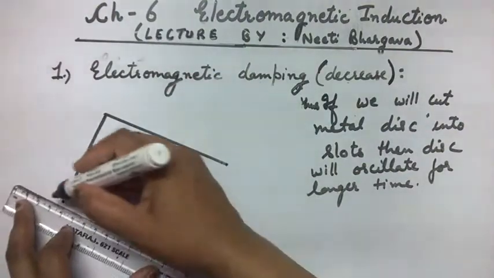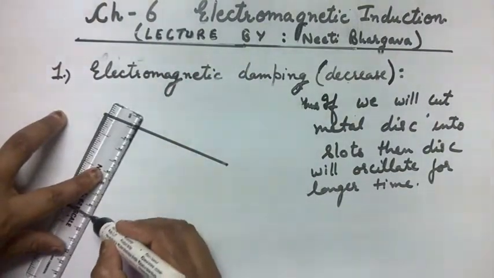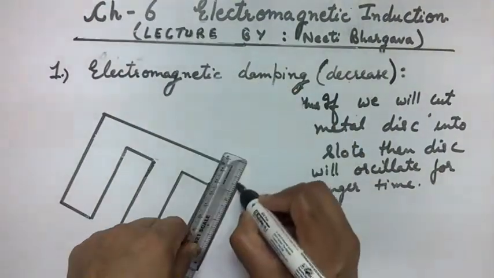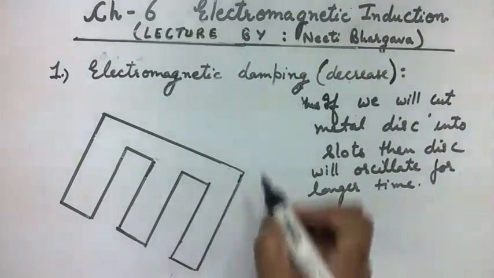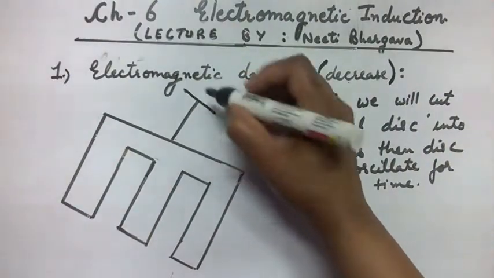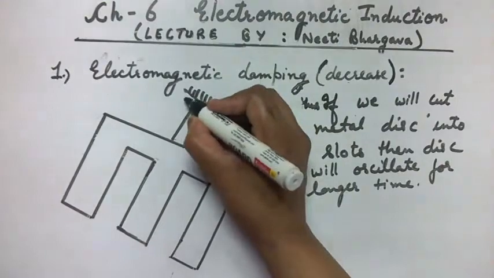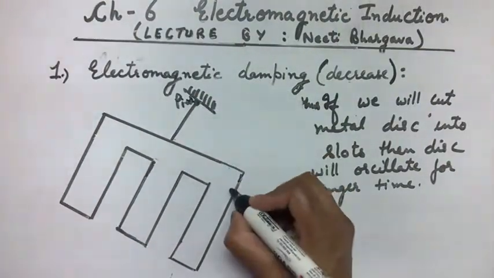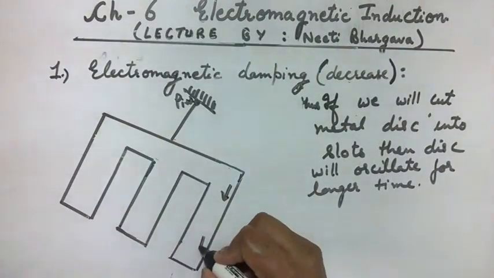They are cut in the form of slots, and the direction is in the slotted parts only.